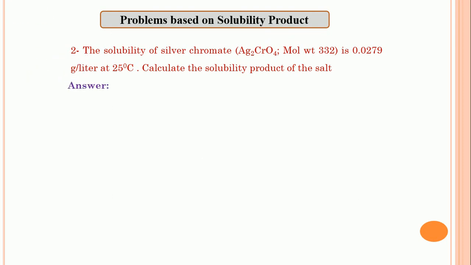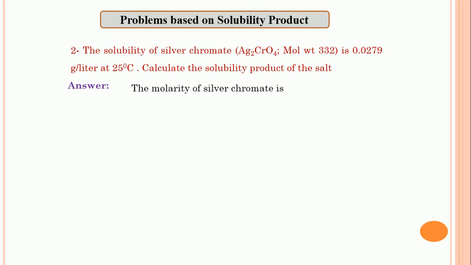Simply, they have given the solubility in gram per liter, and when we calculate the solubility we know that it must be in gram mole per liter. So for that purpose molecular weight is given. So solubility divided by molecular weight will convert it into gram mole per liter.